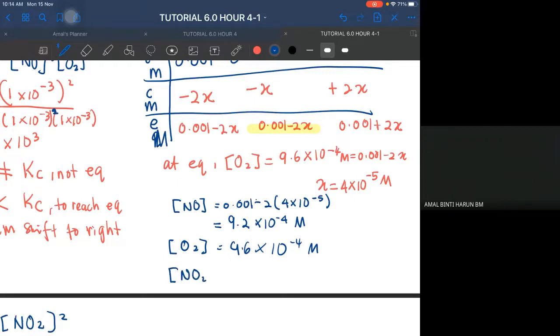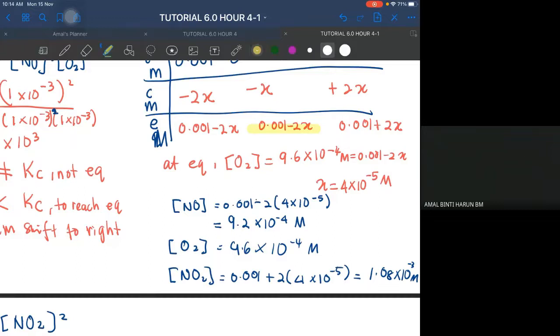NO2 is 0.001 plus 2x. So it will be 1.08 exponent negative 3 molar. Okay, dapat ke?